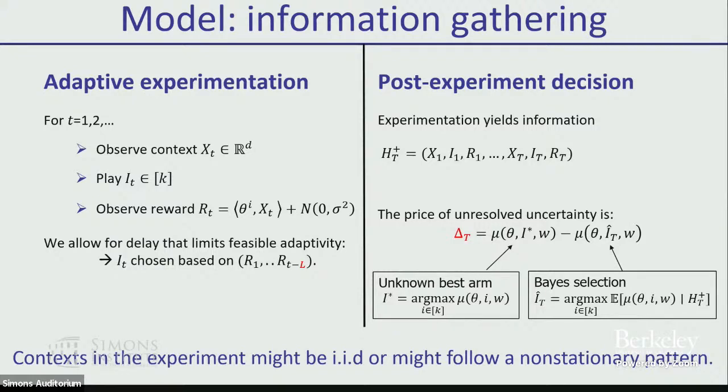Like the context could be an indicator of the time period. I'll show you that. What's going to be surprising to me here is that whether you make those contexts IID or let them follow any weird pattern is going to change the hardness of this problem quite a lot.